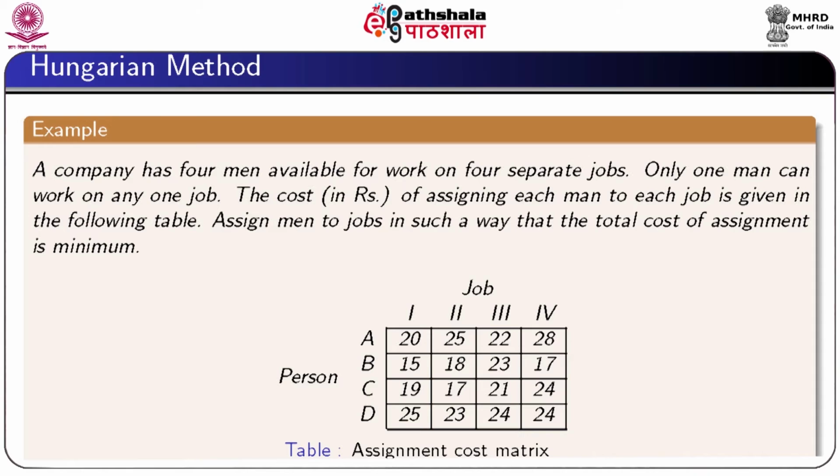Similarly, we subtract the minimum element from row 2, row 3 and row 4 from their respective elements, and the same procedure is applicable for the columns.